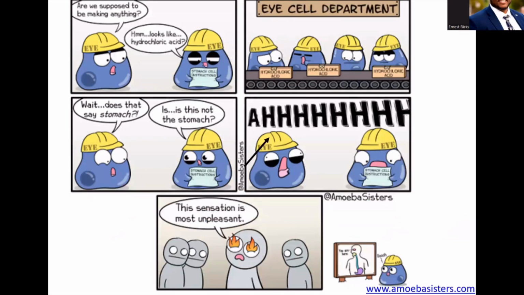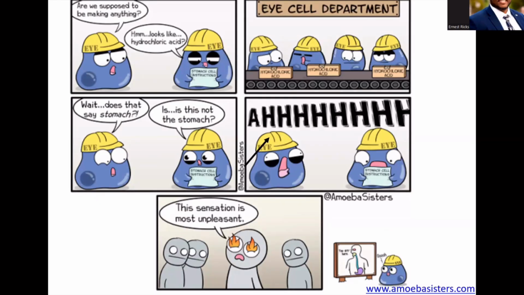And this is something funny I saw in a video where you have an eye cell, right? It says, hey, are we supposed to be making anything? The eye cell said, yeah, it looks like we're supposed to be making hydrochloric acid. And in the eye cell department, they're sitting there making hydrochloric acid. And then it says, wait, does that say stomach?